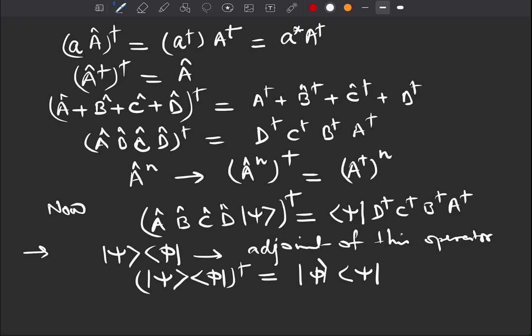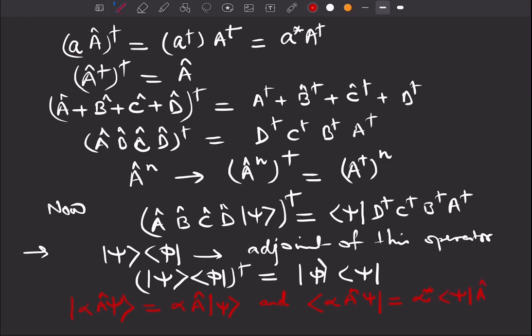Also, it is to be noted that we should not be confused with things like ket alpha A psi being equal to alpha times operator A on ket psi, and bra alpha A psi being equal to alpha conjugate times bra psi operated by the operator.